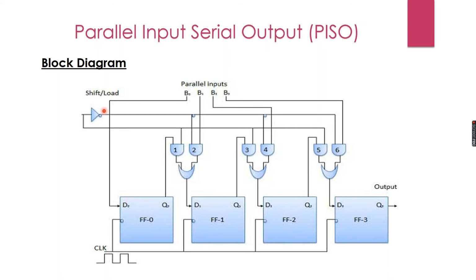and now with the help of shift mode, when we change this value to 1, the gates 2, 4, 6 stop working and 1, 3, 5 become active, and when these gates become active they form the connection Q0 to D1. Here we can see the OR gate, so we will get the Q0 value to this D1, and similarly we will get Q1 value to this D2 and Q2 value to this D3.